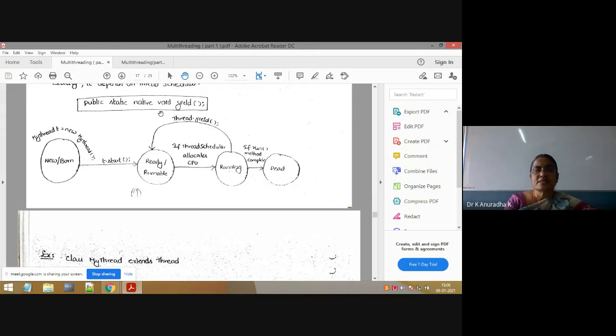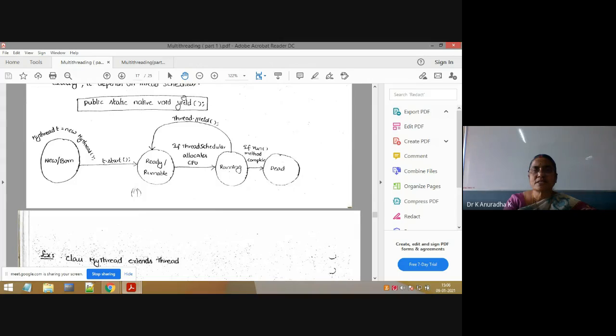What is the syntax of all these methods in the Thread class? Yield method is there in the Thread class and it is a static method. How do we access a static method of the Thread class outside that class? Static methods of one class can be accessed outside that class using class name dot method name, because the yield method is declared as static.